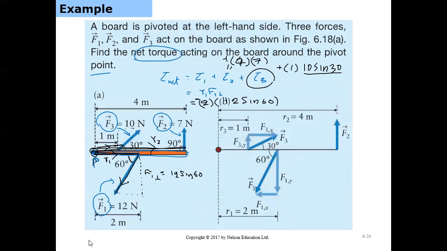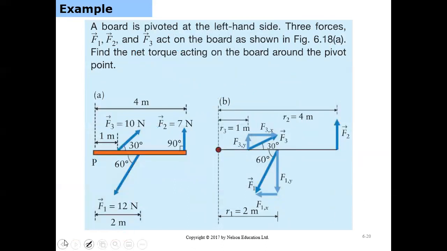Okay, let me, okay. Why is the torque from number 1 clockwise, right? Number 3 is counterclockwise. Okay, we want to compare these two. Okay, right. Let me draw it here.